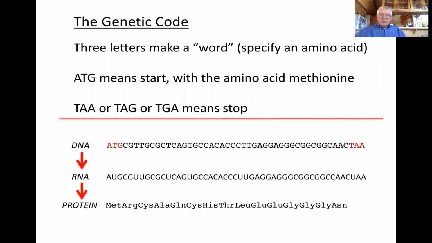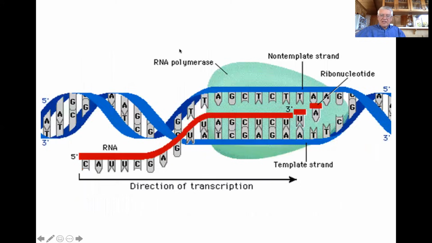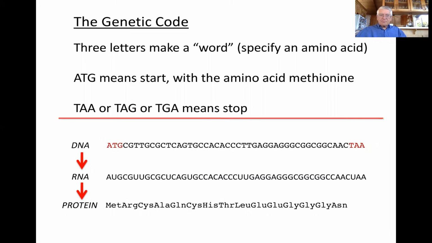So let's go next and look at this question of the genetic code, the A, T, C, and G. You know, working this out was one of the thrills in molecular biology when they got the structure of DNA, and they saw that it was a simple code with only 4 letters in it. And the idea was, how in the world are we going to figure out and break the code?